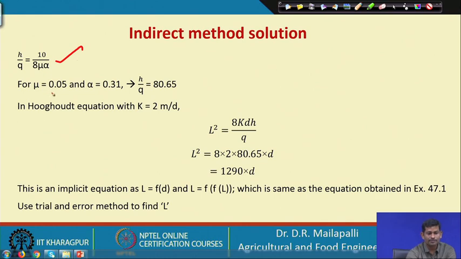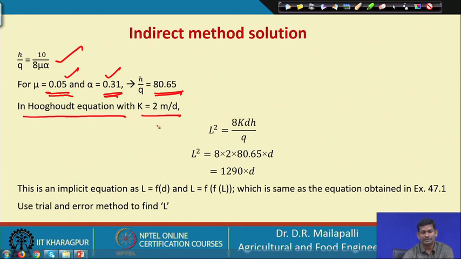For mu equal to 0.05 and alpha equal to 0.31, h by q is equal to 80.65. Okay. These values are taken from the previous exercise and previous example. Then h by q is equal to 80.65 in the Hooghoudt equation with k equal to 2 meter per day.